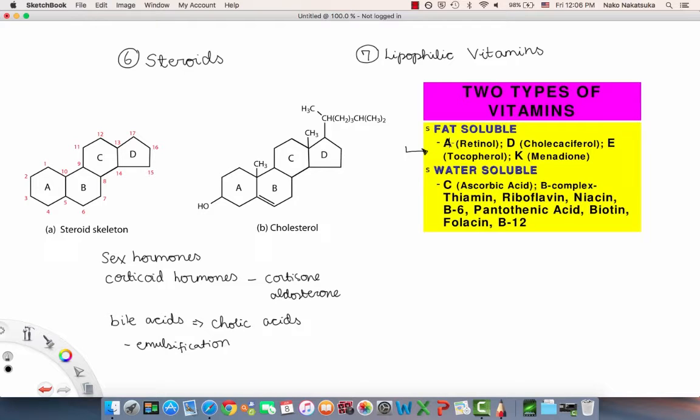For example, vitamin A, retinol, is essential to vision, and they're incorporated into rhodopsin, which is the photon harvesting protein. Vitamin E, for example, tocopherol, is a mixture of stereoisomers that protects against oxidative damage to cells from radicals.